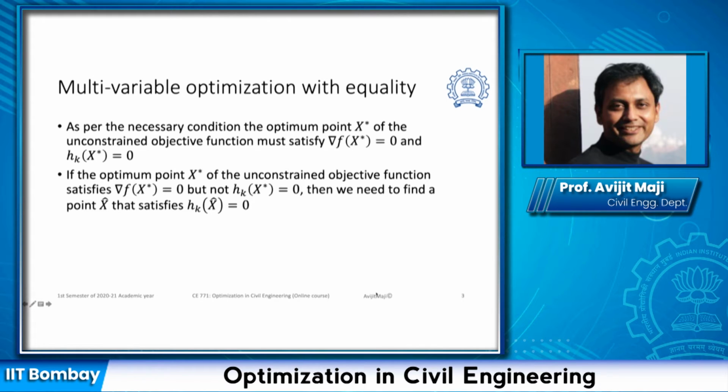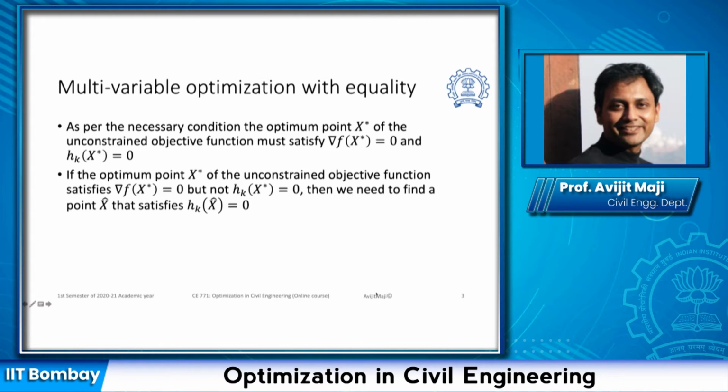In the last class, when we discussed the constraint variation method, we said that as per the necessary condition, the optimum point x star of the unconstrained objective function must satisfy the first order derivative of the objective function being equal to 0, as well as it must satisfy the constraints. In the equality constraint, these are going to be 0 as well.